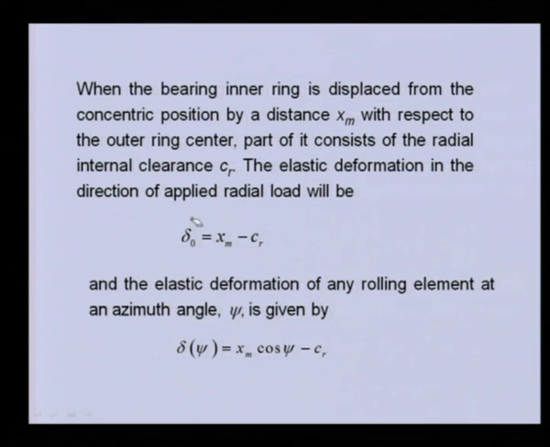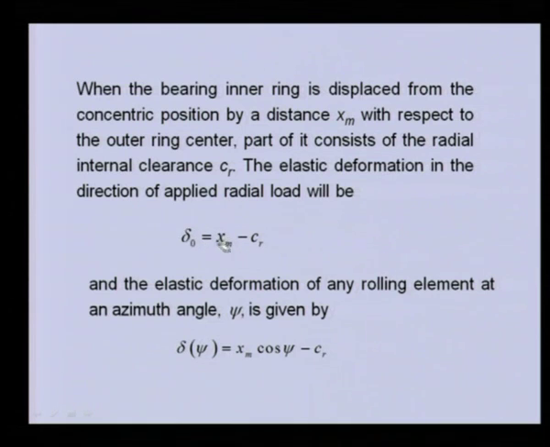So, basically you can see that actual deformation of the ball will be the displacement of the inner ring with respect to the outer ring minus the clearance, because the clearance we cannot define as a deformation.